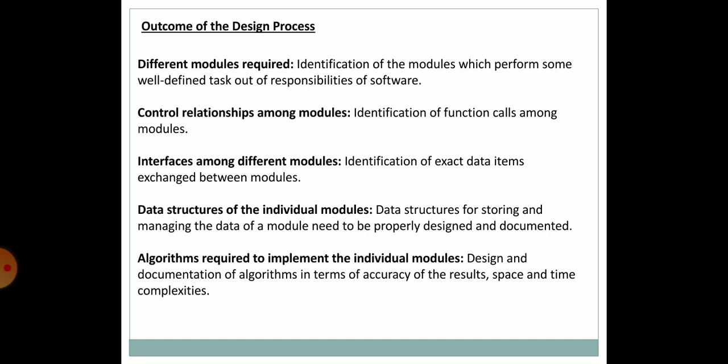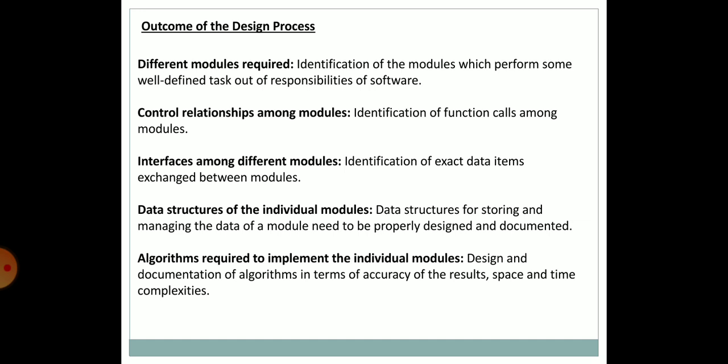Each module should be named according to the task it performs. For example, if you are building academic automation software, the module consisting of the functions and data necessary to accomplish the task of registration of students should be named handle student registration. So the name should be in a conventional manner.